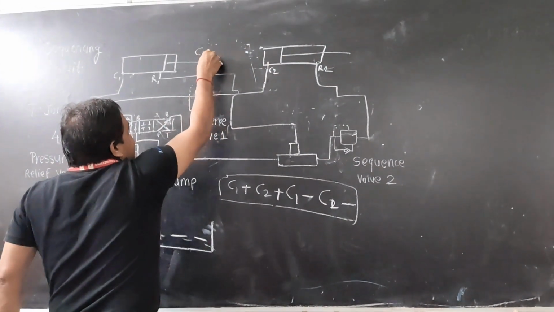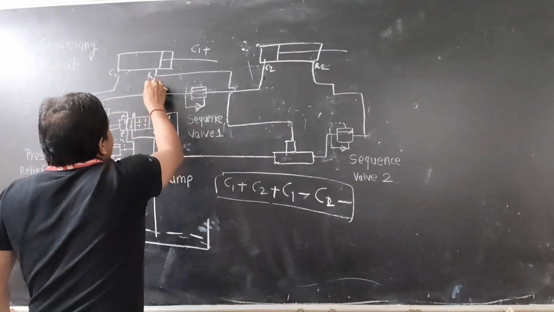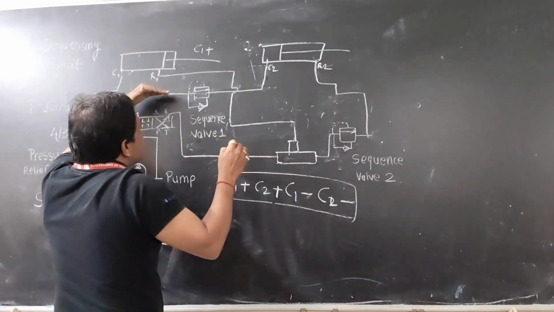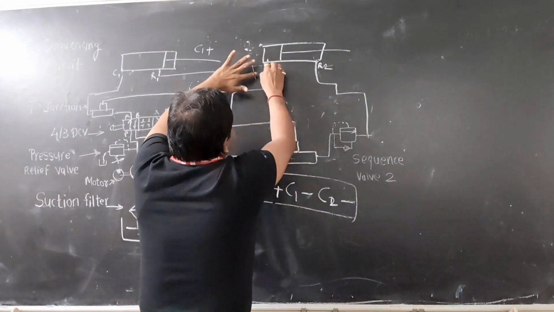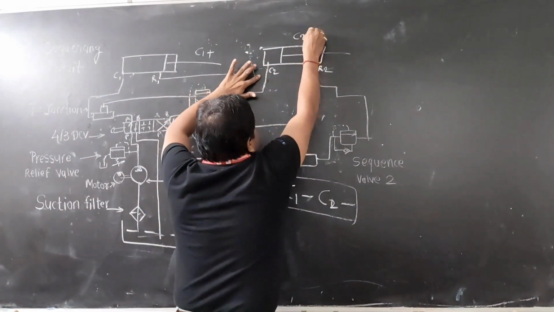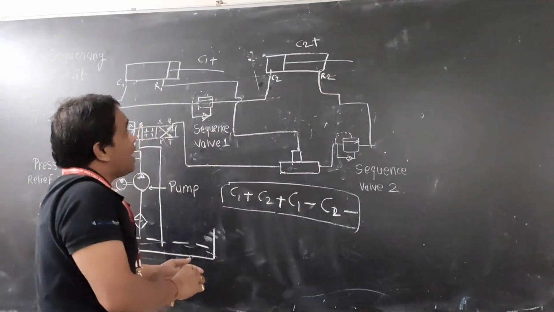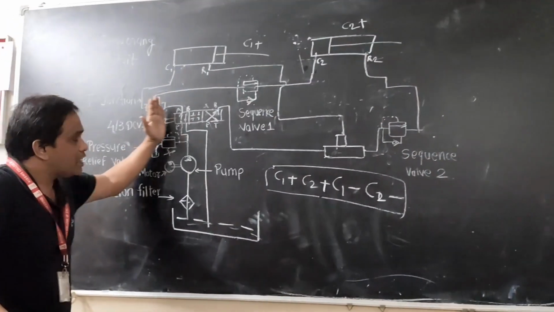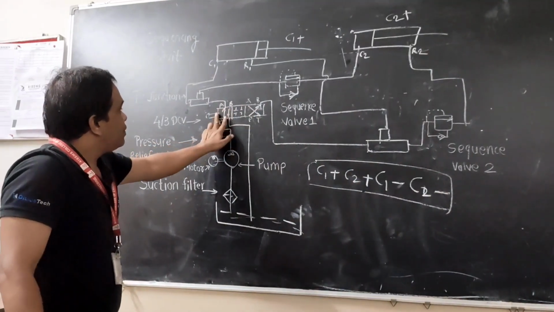Means C1 has extended, and after the extension of C1, because of the huge pressure built in the system, the sequence valve has opened, which will cause C2 to extend. After extending C2, what will happen? When I change the position, when I push the button, this position will come here.